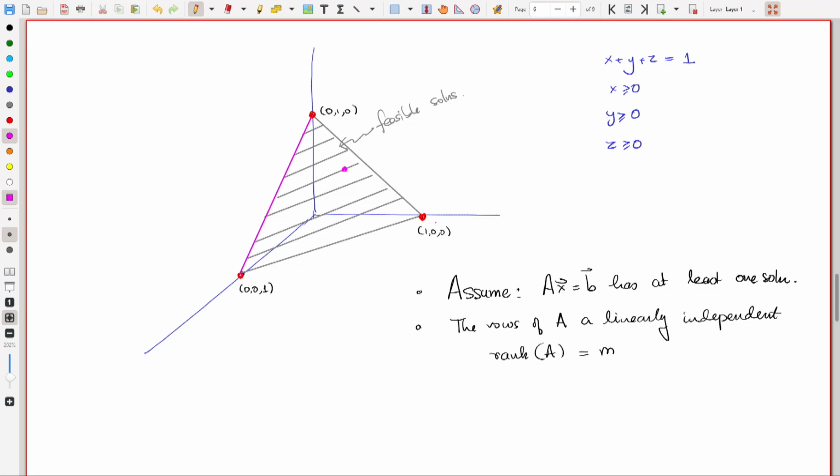Those are the only three possibilities, but in each case one of these corners is optimal. If the whole plane is optimal, then all three corners are optimal. If this line is optimal, then both ends of the line are optimal. So, what we are saying is that the optimal solution may not be unique, but if you just want one optimal solution, then just look for it among the basic solutions.